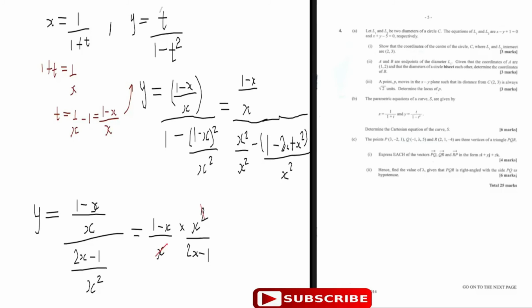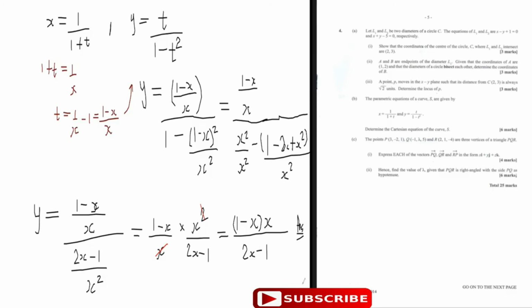And so what we get then is y is equal to 1 minus x times x over 2x minus 1. That is y. Nice and easy. That's the answer.